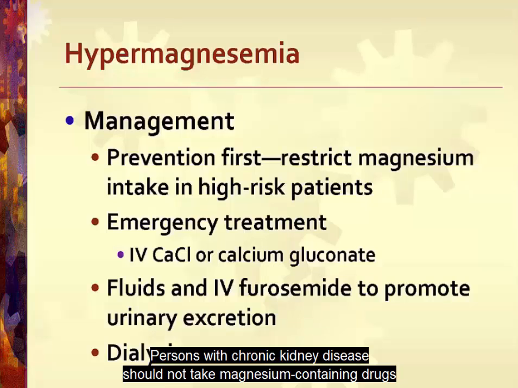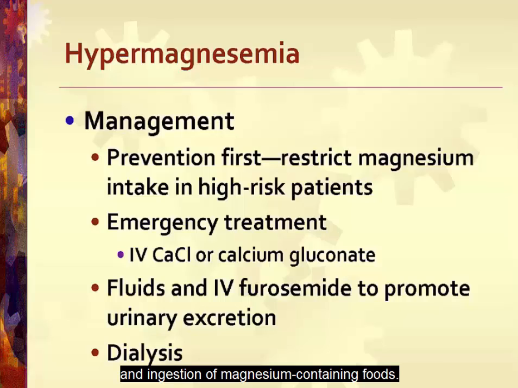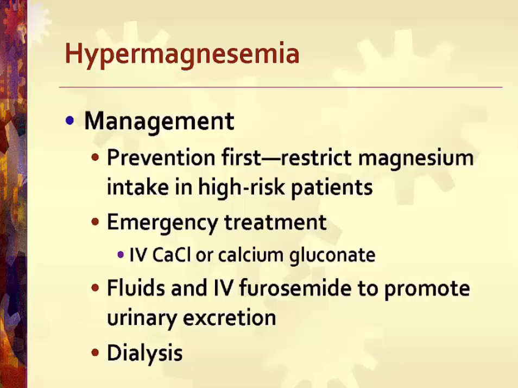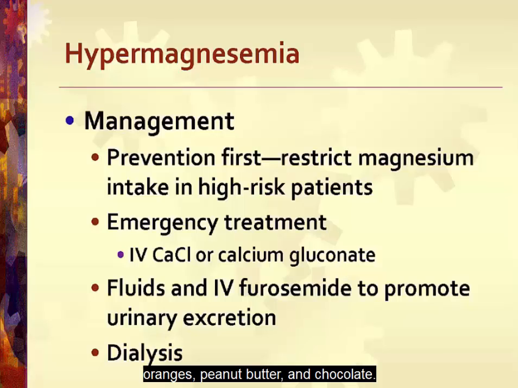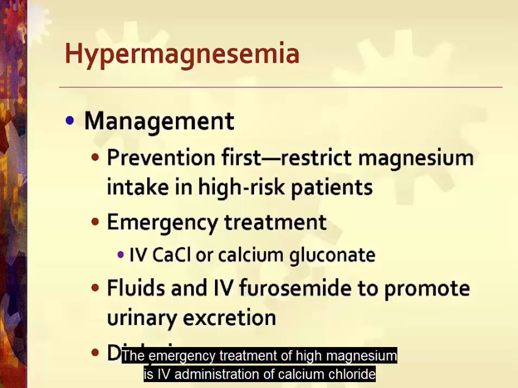Persons with chronic kidney disease should not take magnesium-containing drugs or ingest magnesium-containing foods. Those foods would include green vegetables, nuts, bananas, oranges, peanut butter, and chocolate, and all of those should be restricted. The emergency treatment of high magnesium is IV administration of calcium chloride or calcium gluconate to oppose the effects of the magnesium on cardiac muscle.